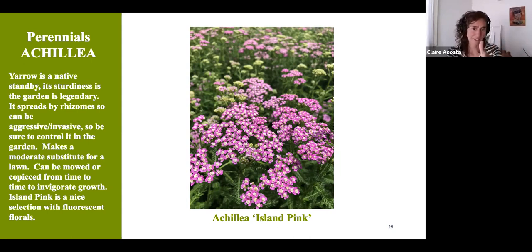And here's island pink, but there's a variety of colors, from whites to yellows, a lot of different color options with yarrow. Oh yeah, you want to deadhead these if you're doing it for flowers and not lawn. These actually work for cut flower or dried flower arrangements.